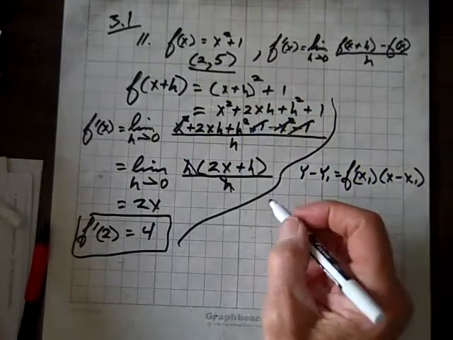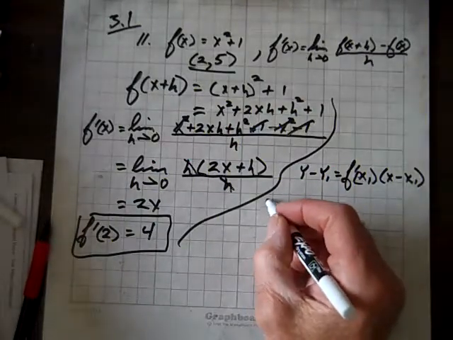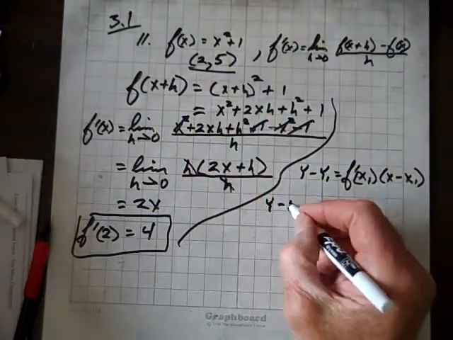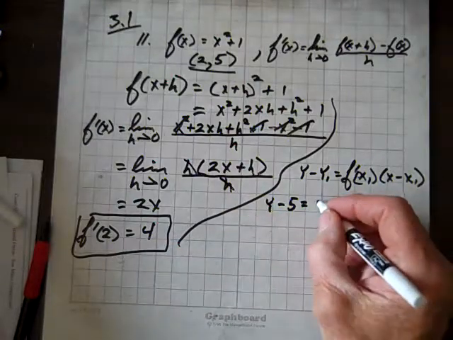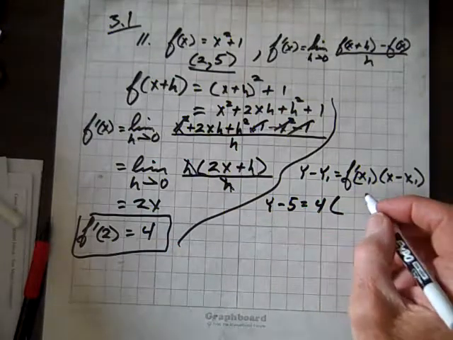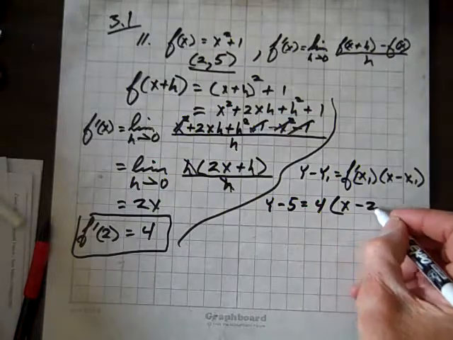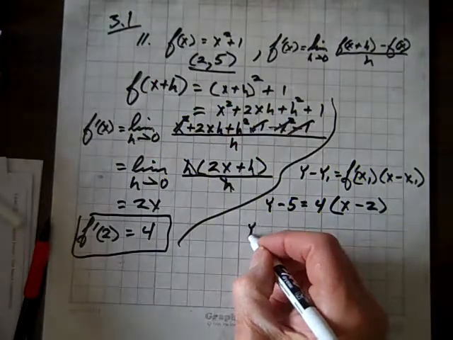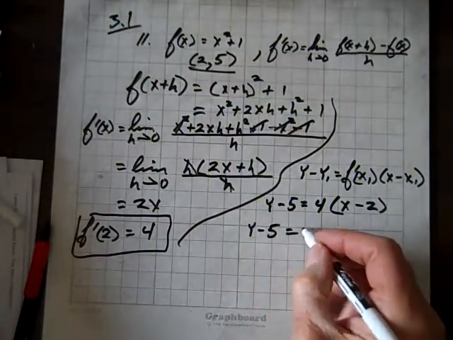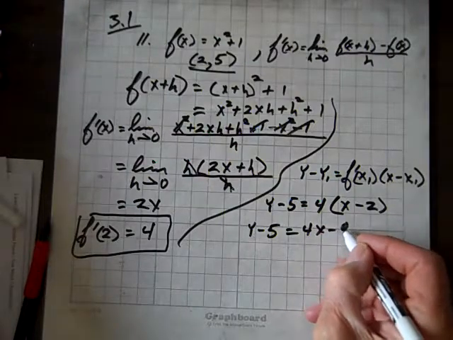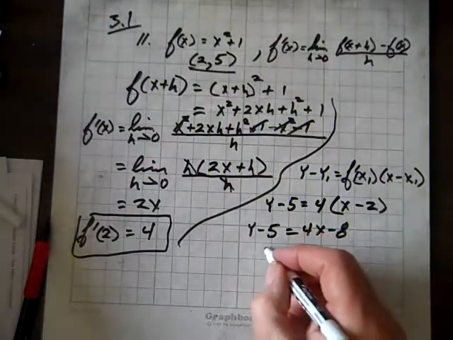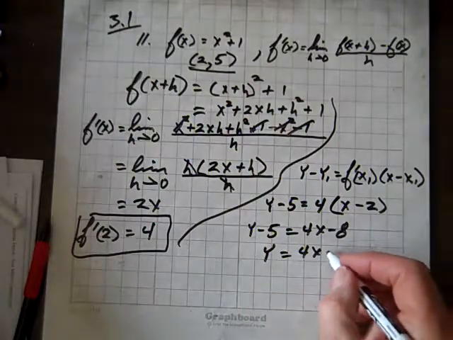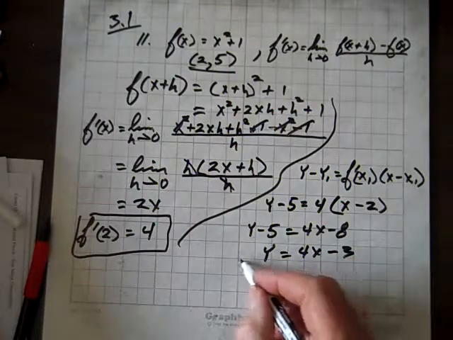There we go. So we've got y minus 5, since the y value is 5, equals the slope 4 times x minus 2, that 2 right there. Now let's expand this, so we get y minus 5 equals 4x minus 8. And now adding 5 to both sides, we get y equals 4x minus 3, and we are done.